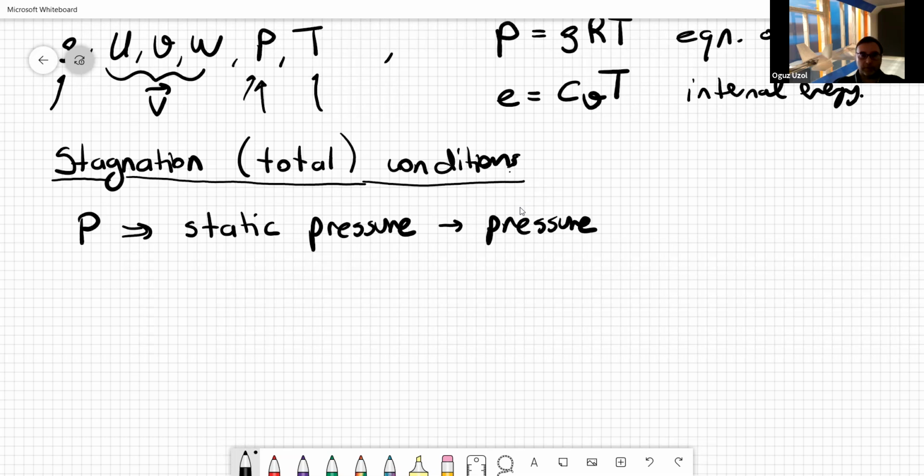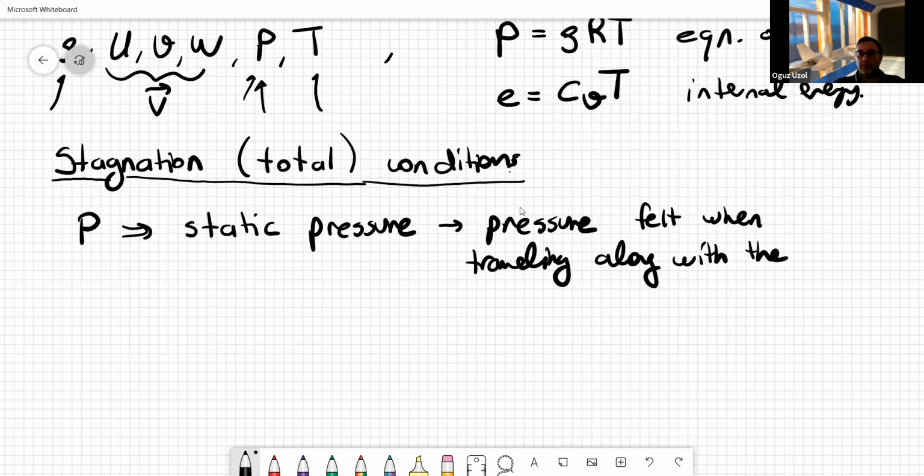If other fluid particles are pushing you, or they are pulling your boundary out or pushing your boundary in, this is the one that you feel. So this is the pressure felt when traveling along with the fluid particles. This is the actual pressure that you feel.